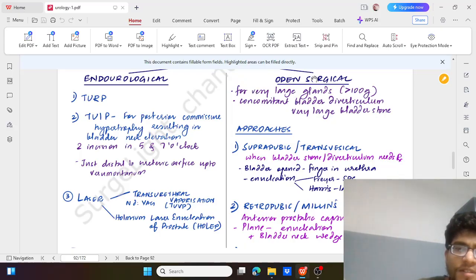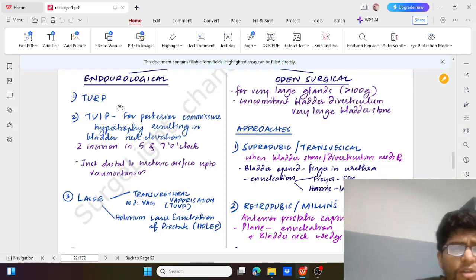Then we have the open surgical procedures, or even now we have robotics in this matter. For very large glands like more than 100 grams, or concomitant bladder diverticulum or very large bladder stone, in these cases we go for open surgery, or we may go for robotic surgery.